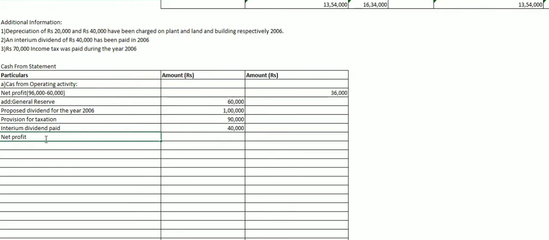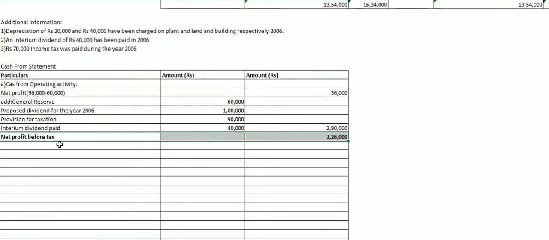Net profit before tax is equal to, you will add up everything, so you will get it as 3,26,000. So this 3,26,000 is nothing but your net profit before tax.